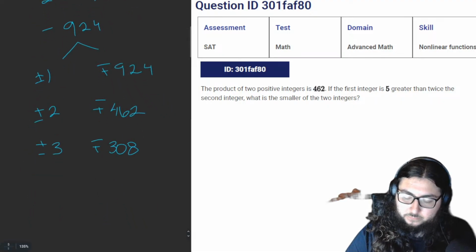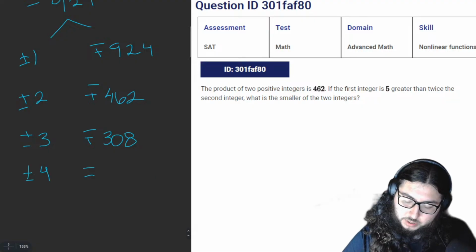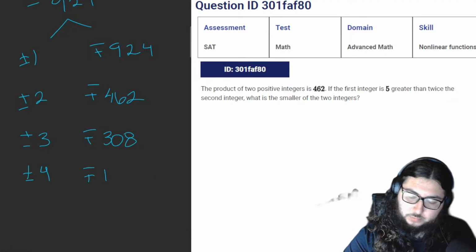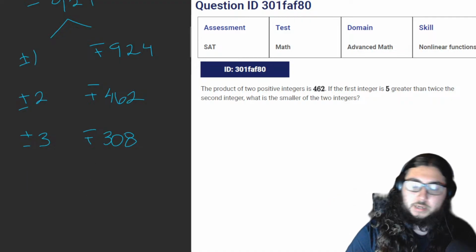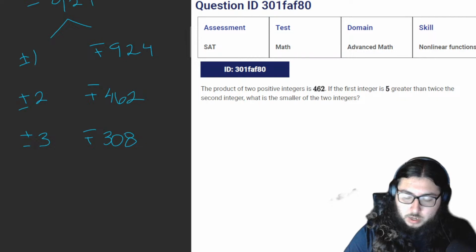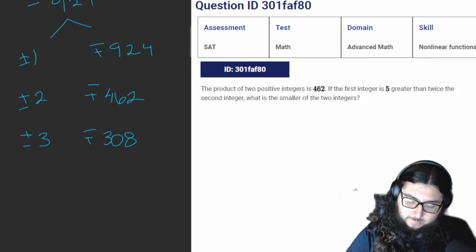Is this divisible by 4? No, it's not divisible by 4. So it won't be divisible by 8, 12, whatever. Not divisible by 5. Is divisible by 6. Plus or minus 6 minus plus 154.